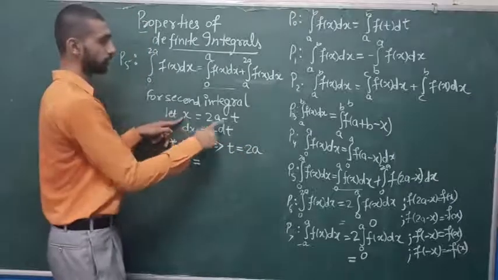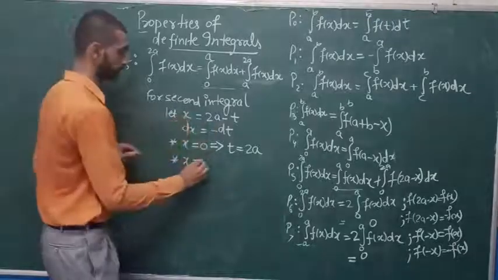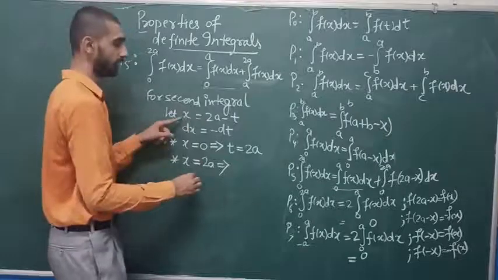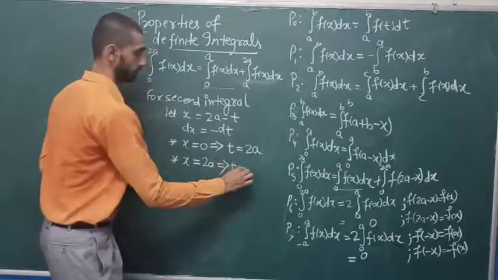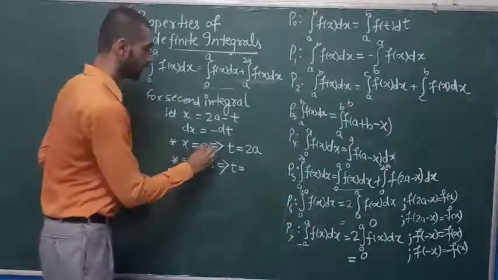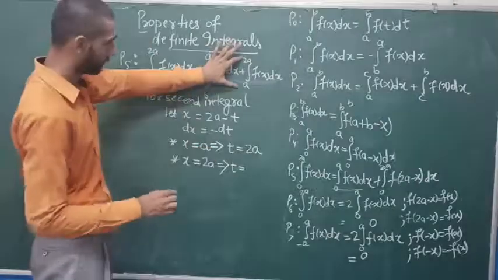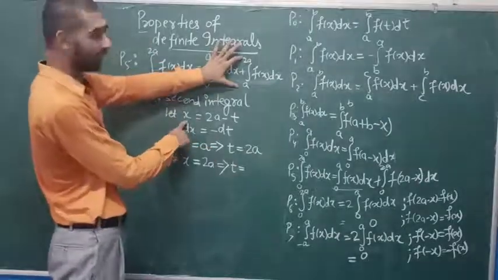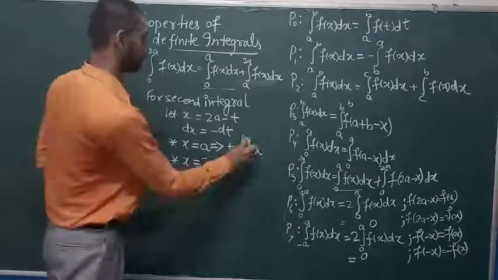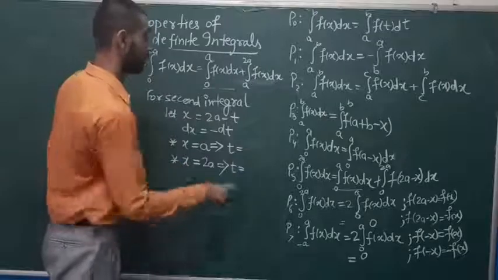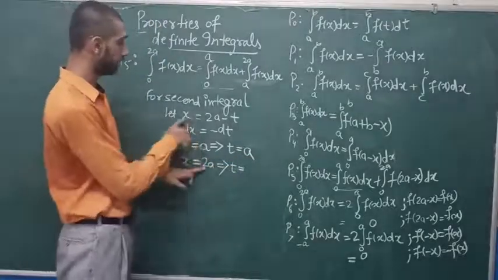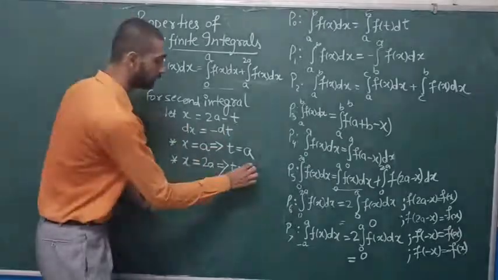When x equal to 0, t equals to 2a. And when x equals to a, my value of t will become a. And when x equals to 2a, I will put it at 2a, value of t will become 0.